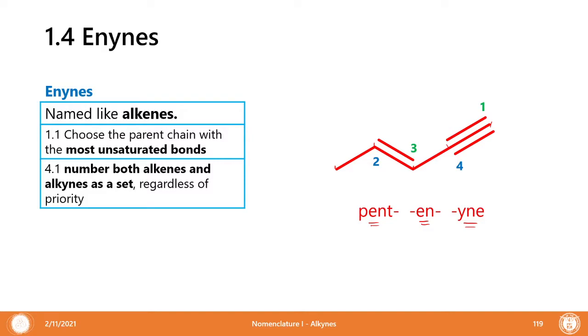And of course, since the green color direction gives us a lower set of numbers for the alkene and alkyne, then we will choose the green direction. So 1, 3 beats 2, 4.